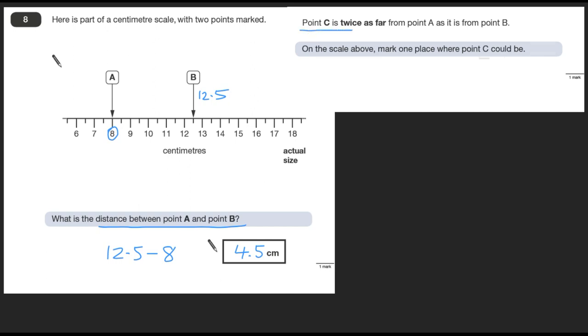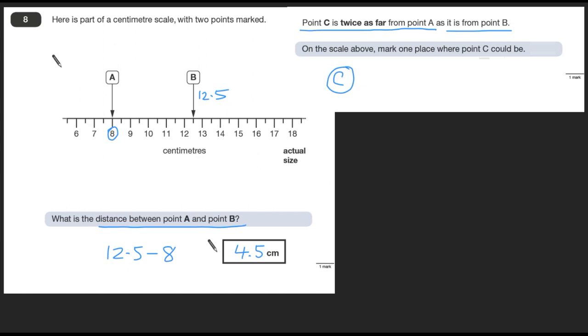Point C is twice as far from the point A as it is from point B, right? So C is the new point. You need to mark on the scale above one place where point C could be. There are two possible ways. I'm going to be showing you how to do this one.